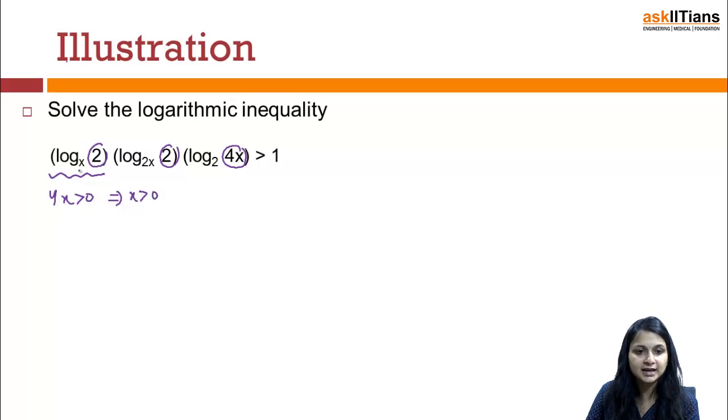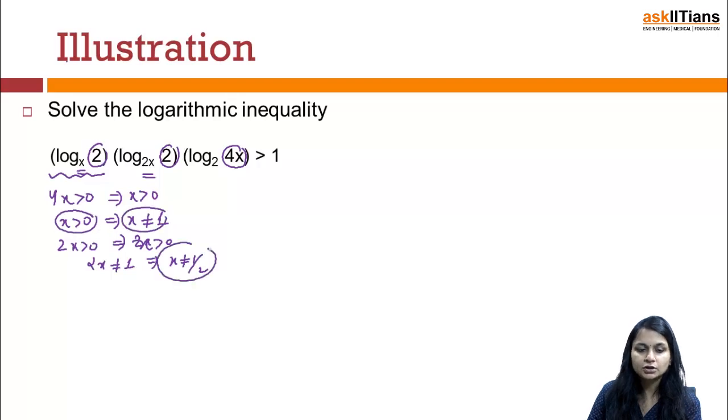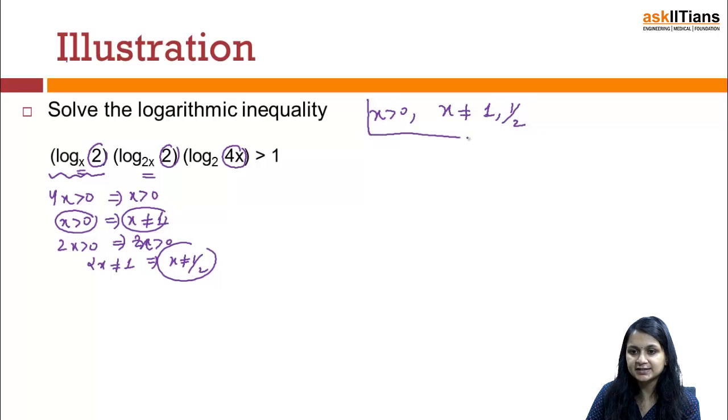If I talk about the bases x and 2x, both of them should be greater than 0, and x cannot be equal to 1. 2x should be greater than 0, which implies x greater than 0, and 2x cannot be equal to 1, which implies x cannot be equal to half. So we got three important things from here: x should be greater than 0, and x cannot be equal to 1 or half. These are my basic conditions.